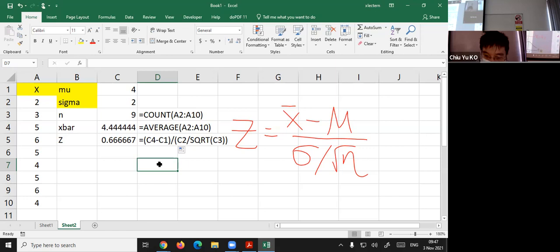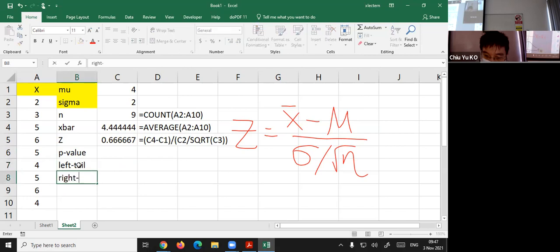There are 3 different p-values: we can have the left tail, the right tail, or both tails.